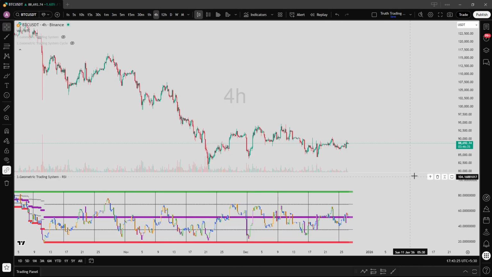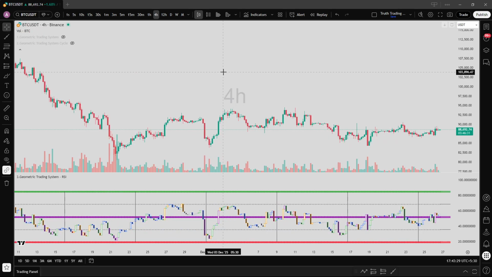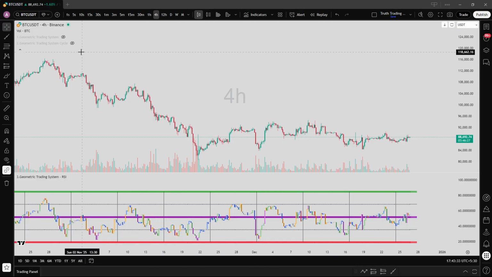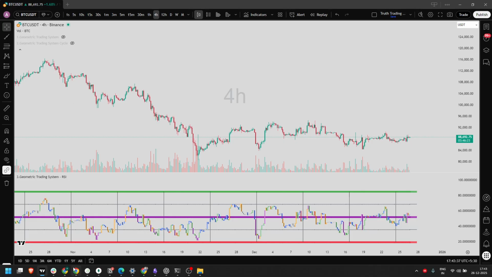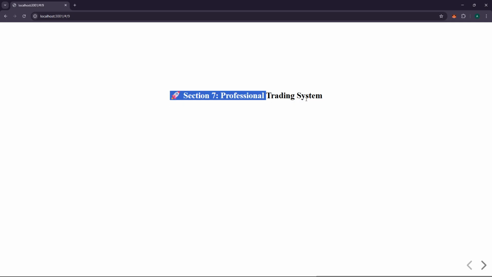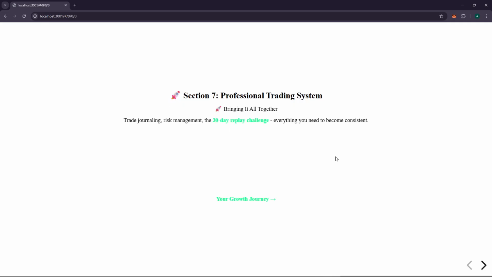It's going to take a little bit of time to add, so let's wait. While it's loading, let me read section 7, the professional trading system.